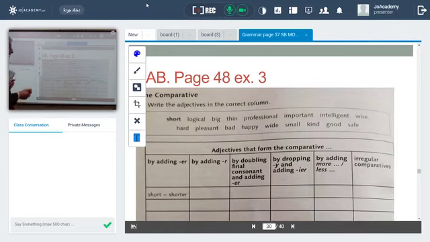Good. Yeah, we have hard. It becomes harder. We add ER. Okay. And what else?